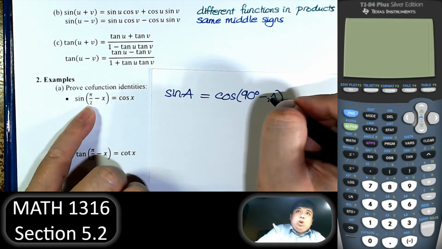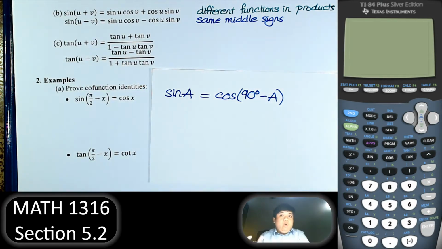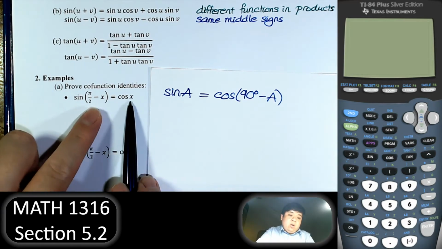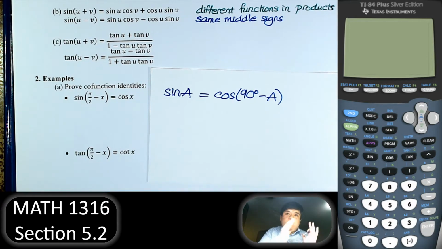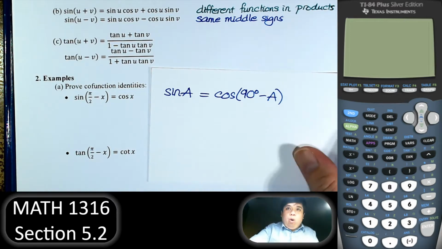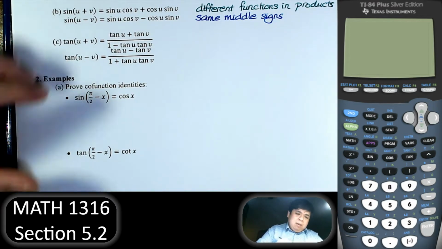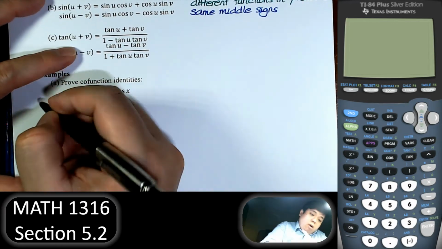Here I have pi over 2, which is equivalent. So the angles must add up to 90 degrees. So that goes from function to cofunction. The angle goes to the complement of that angle.